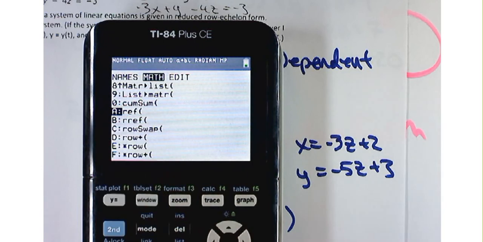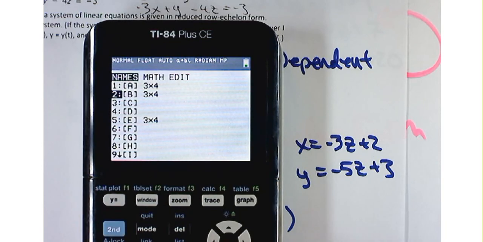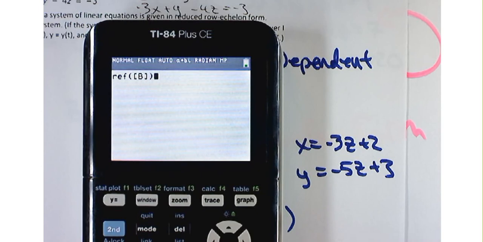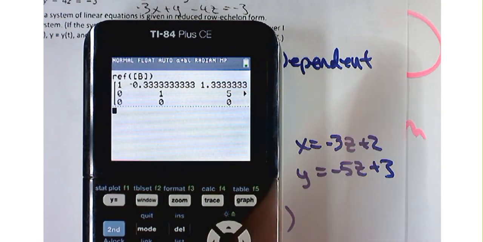So let's give that a try here. So Row Echelon Form, for me, it was matrix B. So I'll just give it an argument of matrix B. And now it gives me something that is not really that great, which is these fractions. Oh, no. But that's okay.